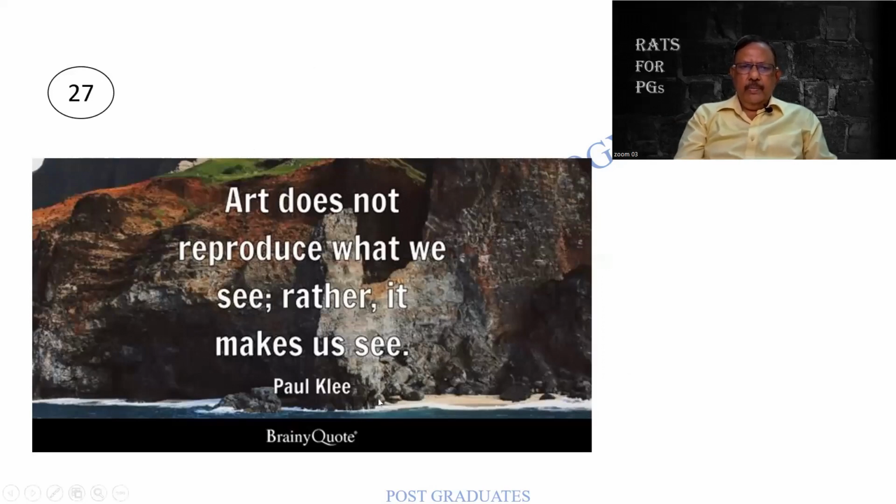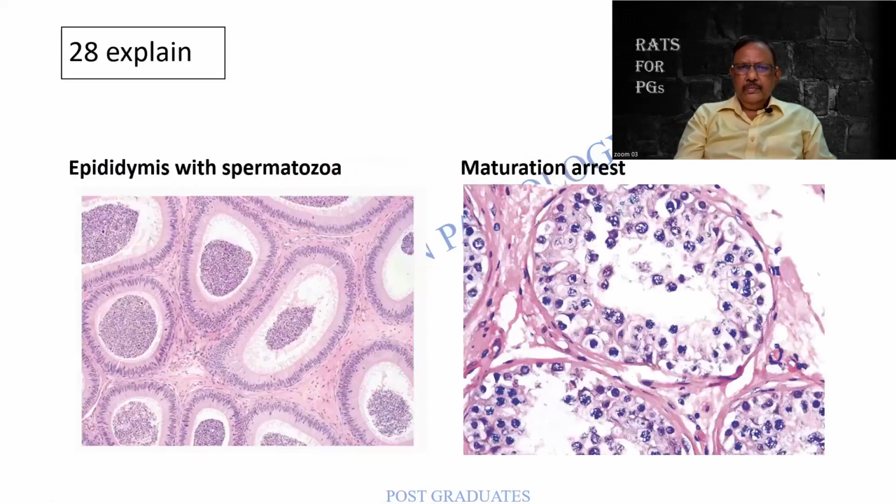Art does not reproduce what we see, rather it makes us see. I would like you to kindly explain what you are seeing. In one case, I find that these are all epididymal tubules lined by tall columnar cells, and they are filled with spermatozoa.